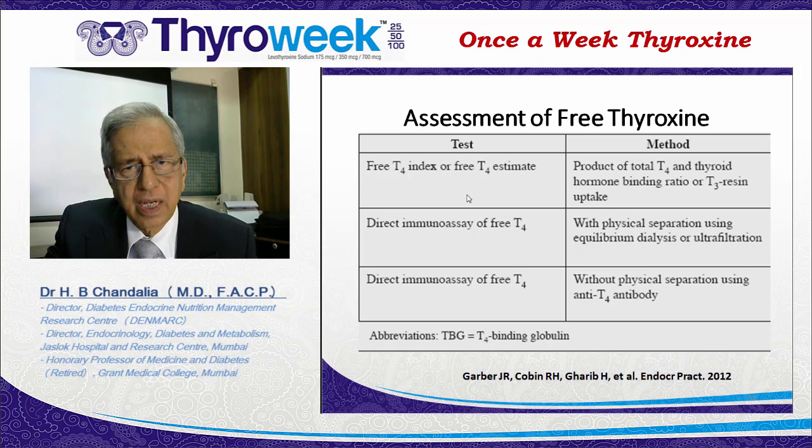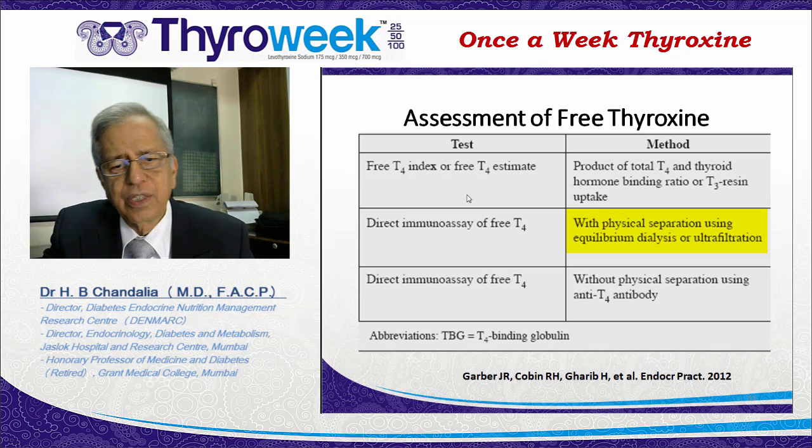And of course, in situations where there are disturbances of proteins, for example low protein or high protein, and especially low albumin, which occurs in many situations like chronic malnutrition, liver diseases, or kidney diseases, we would like to measure the free hormone concentration. This can be done for research purposes by some very elaborate techniques like ultrafiltration and equilibrium dialysis, as is shown here.